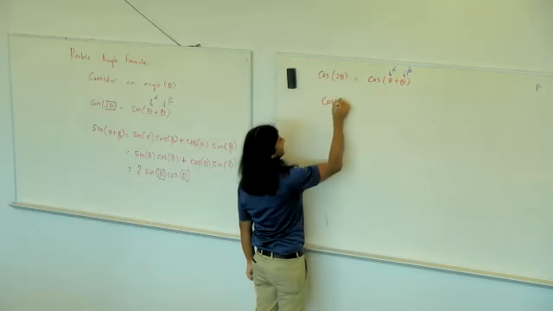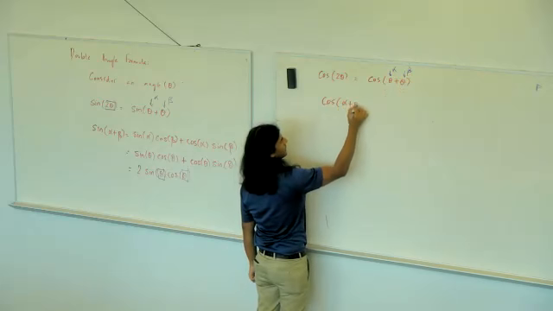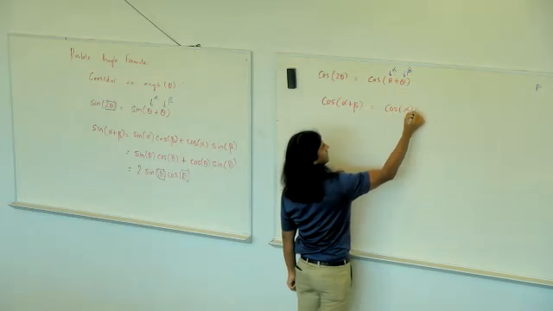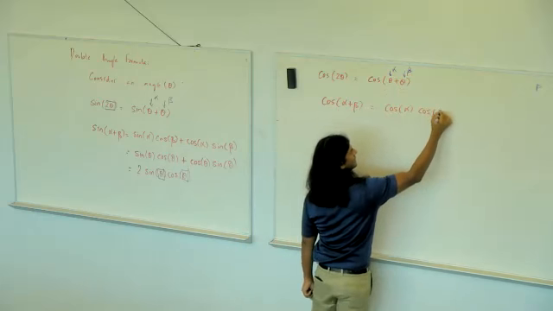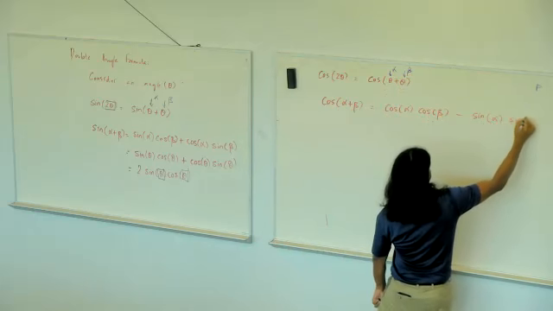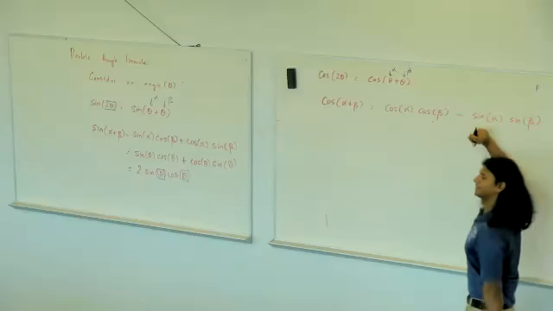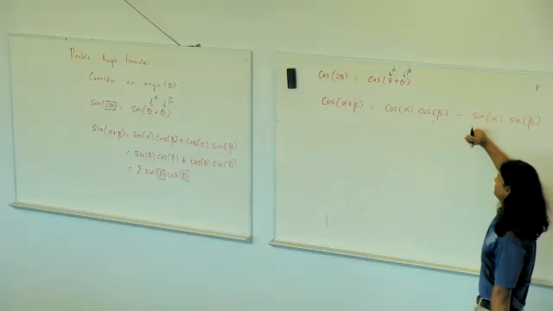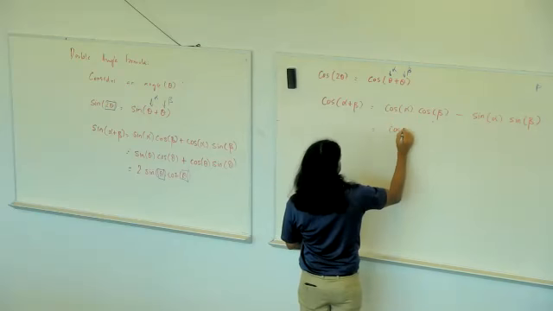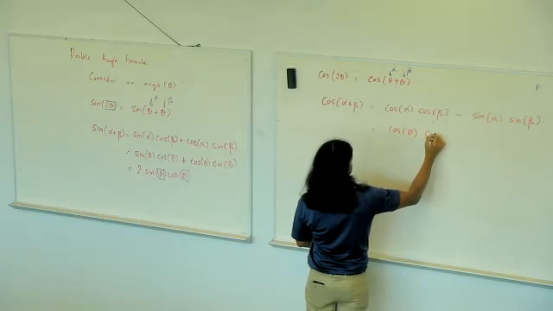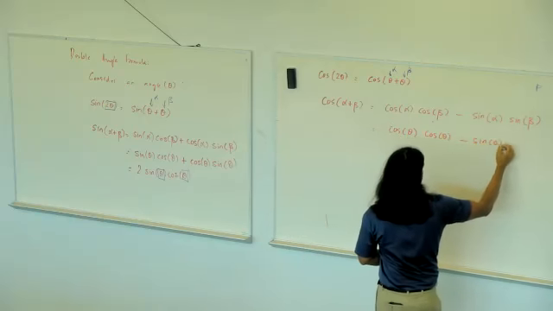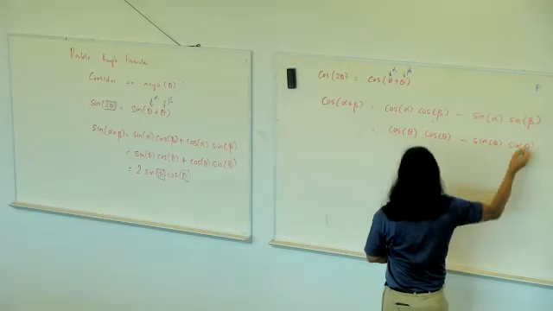From last time, the formula for cosine alpha plus beta is cosine alpha cosine beta minus sine alpha sine beta. Just plug in theta: cosine theta cosine theta, sine theta sine theta.